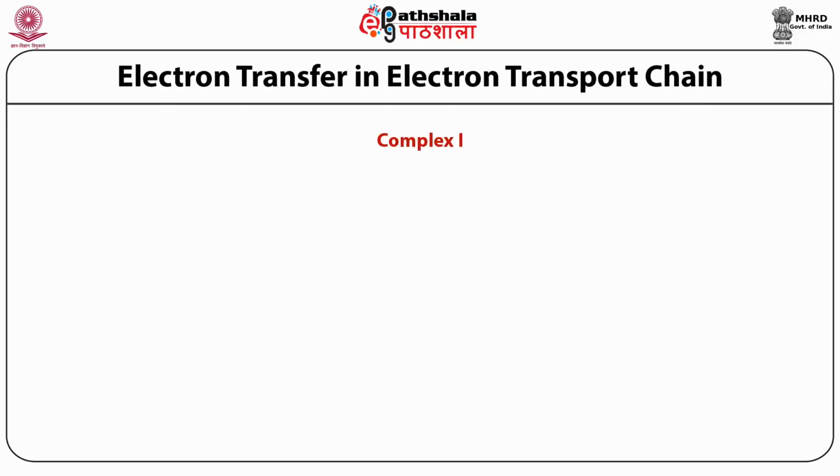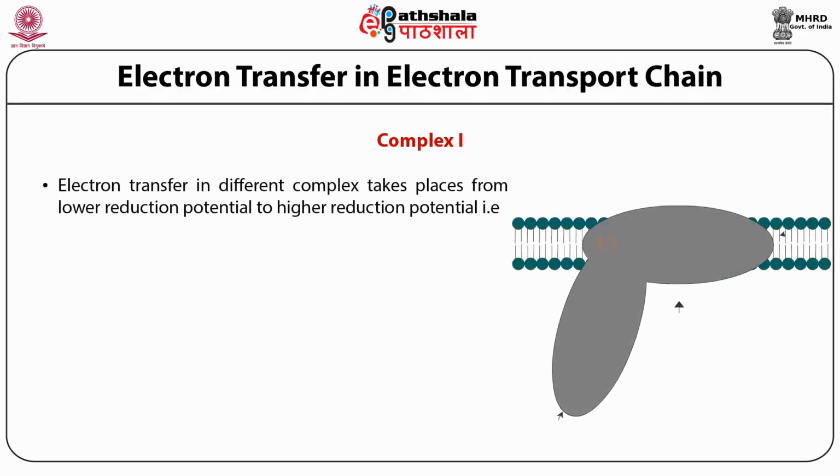Electron transfer in complex first will be initiated with the electron donated by NADH. As you know, electron transfer always takes place from lower redox potential to higher redox potential, so it is clear that NADH must have the lowest redox potential among all the electron carriers present.